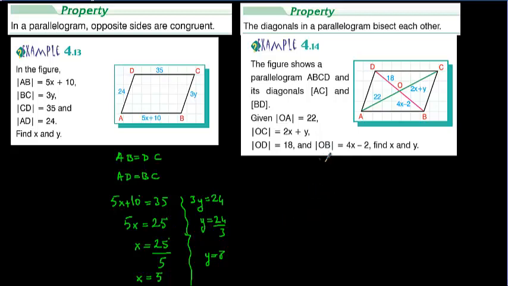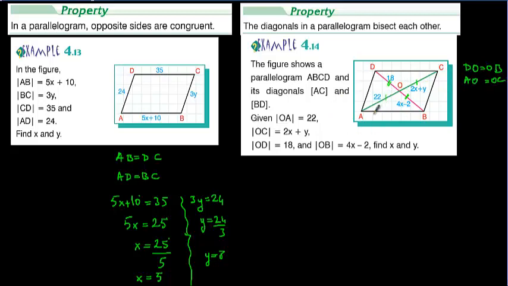And this is the last question and the last property in this lesson. The diagonals in a parallelogram bisect each other, which means the length of DO is equal to OB, and the length of AO is equal to OC.